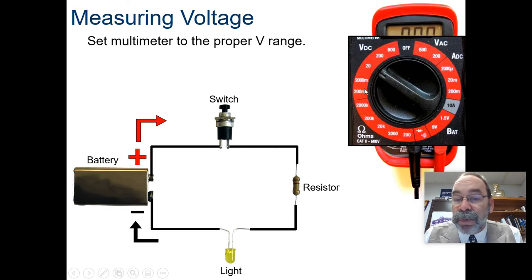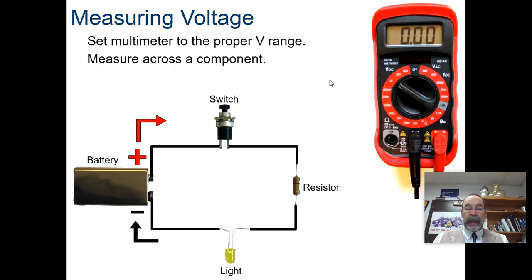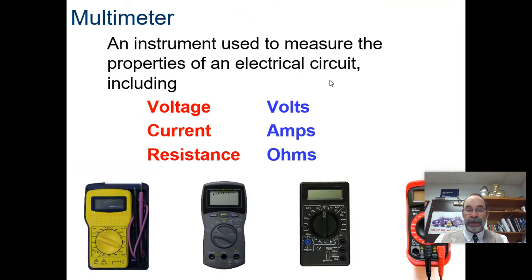When we get down here really small, we can go up to 600, but we're going to go a little bit less than 20 there. Okay, and you measure across the component, that means you can turn it in anywhere you want to. Plug it here, plug it there, and you can always measure voltage that way.